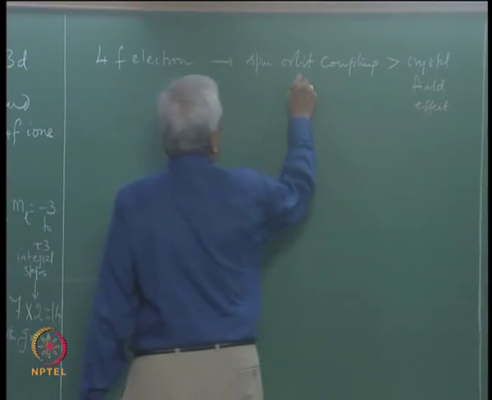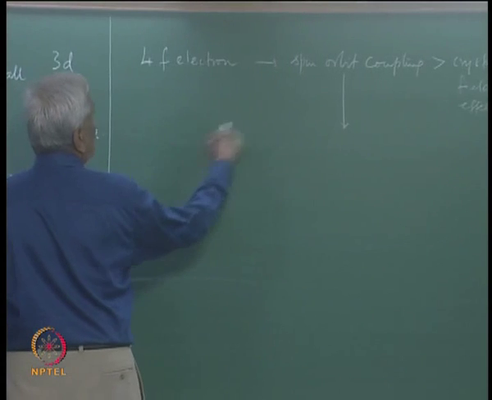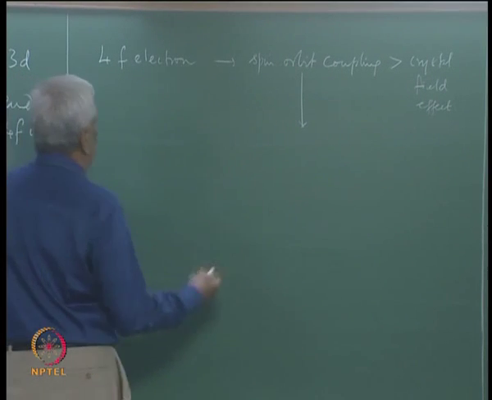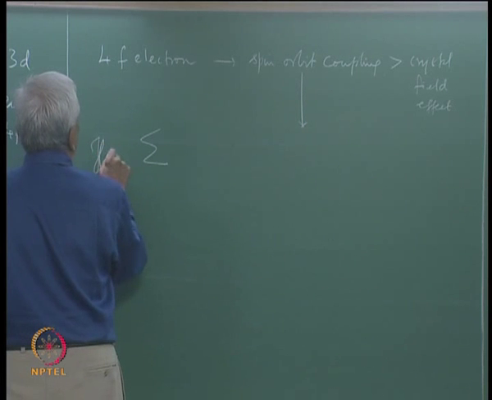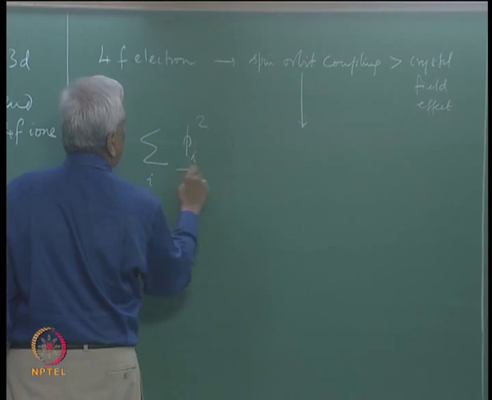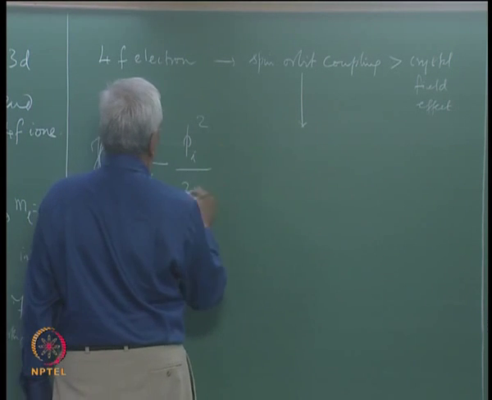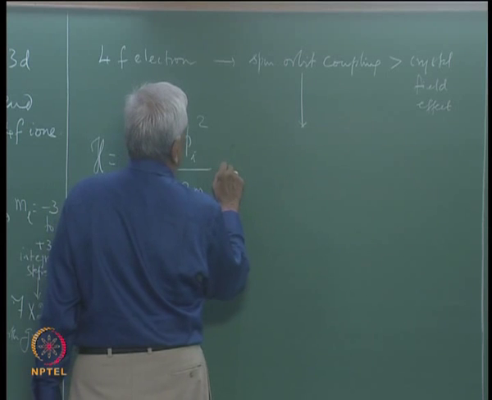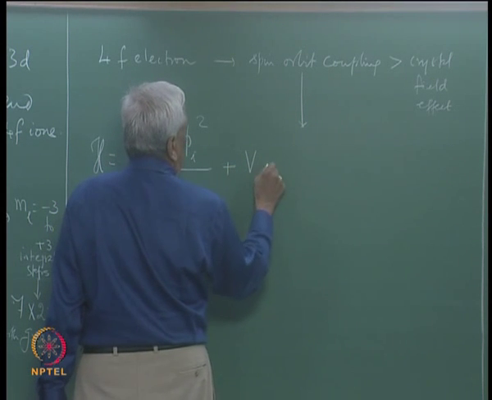So, the spin orbit coupling is rather strong, and therefore, if we wrote the free electron Hamiltonian, we have the single electron states corresponding to the kinetic energy, where i is going from 1 to the total number, plus V of r i.